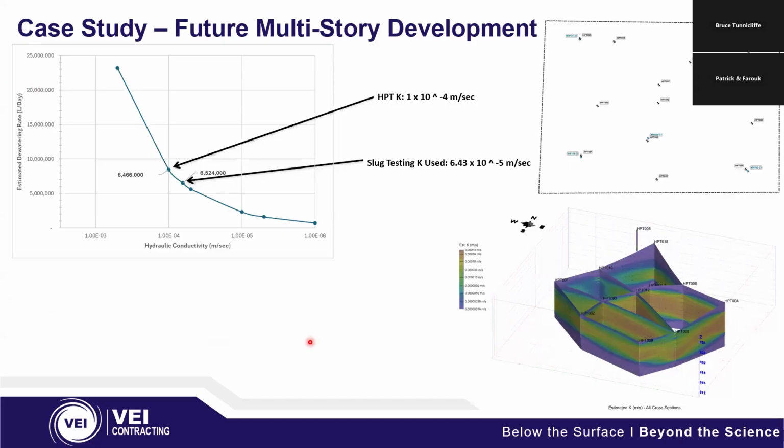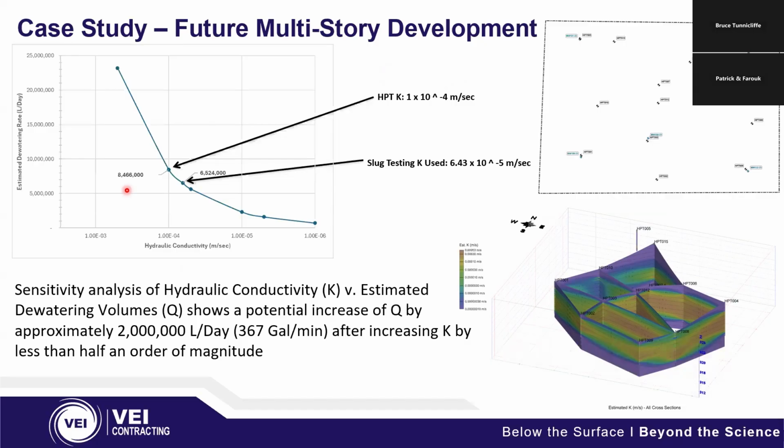So we did a sensitivity analysis, and if we went with the slug testing that was conducted by the consultant, we have 6.43 times 10 to the negative 5, and that yielded, like we said before, about 6.5 million liters per day. If by some strange reason the hydraulic conductivity is closer to 10 to the negative 4, you're going to have 2 million liters per day more water coming into your excavation that you're going to need to account for in dewatering.